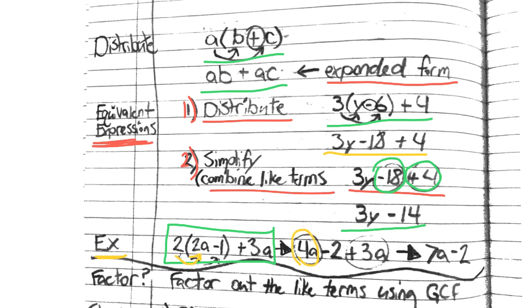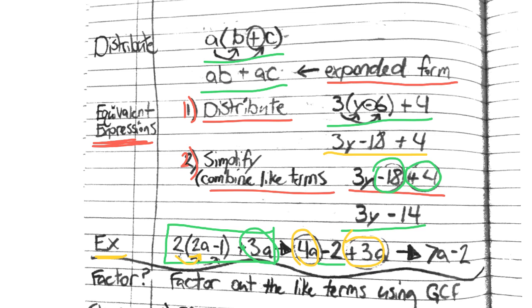Then we have 2 times our 1, so minus 2. And then we have the 3a that was at the end by itself. I'm just going to rewrite that over here because that was not a part of my expanding. It was just on its own. So now we have 4a minus 2 plus 3a.